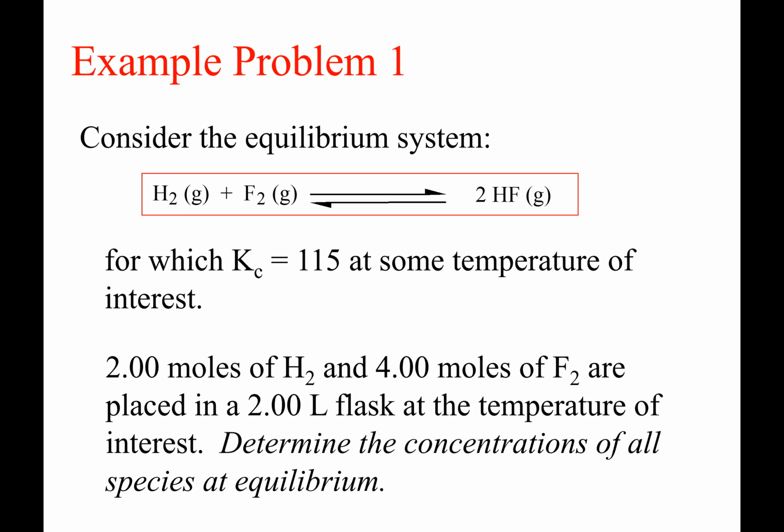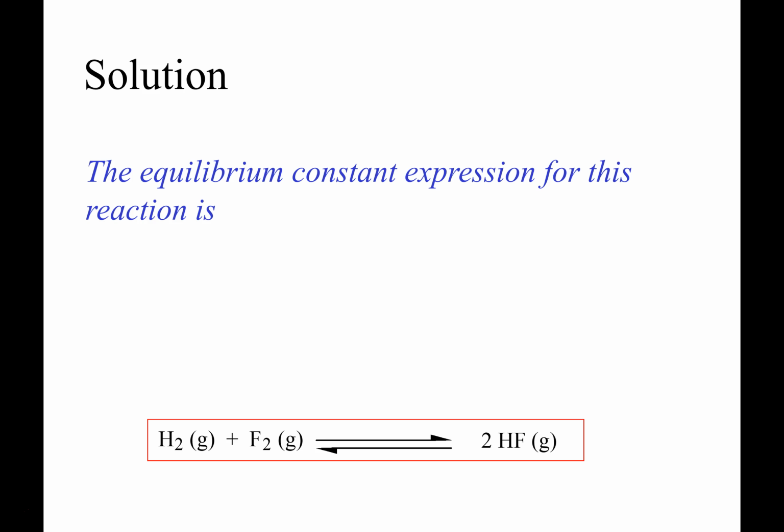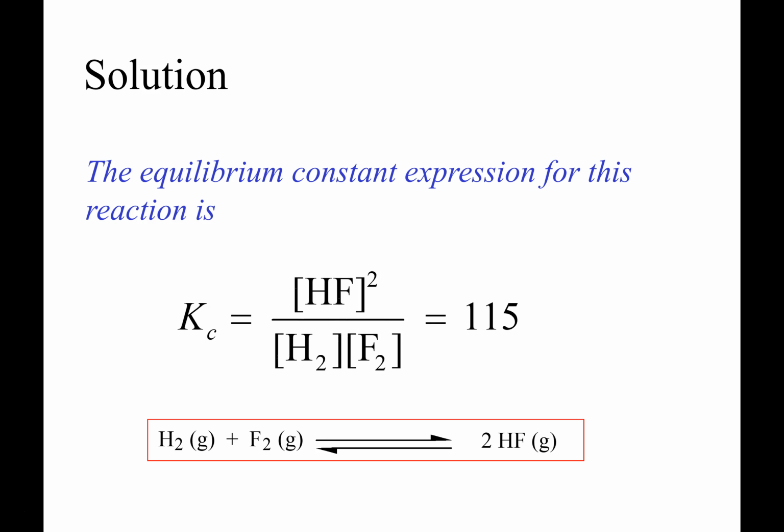It has to go towards products because there are no products. So we could come up with the equilibrium constant expression. Of course, it would look like this. It's the molar concentrations, always the products in the numerator and the reactants in the denominator, raised to their stoichiometric coefficients. So that's what we're going to plug the equilibrium concentrations into. Remember, I said you could use subscript e's there. Those are equilibrium concentrations.